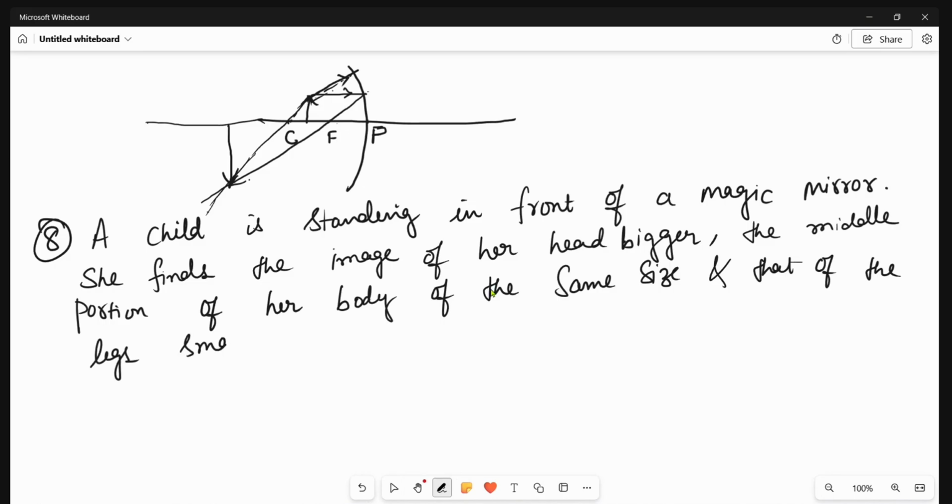This is an exam question, CBSE 2020 question. Smaller.